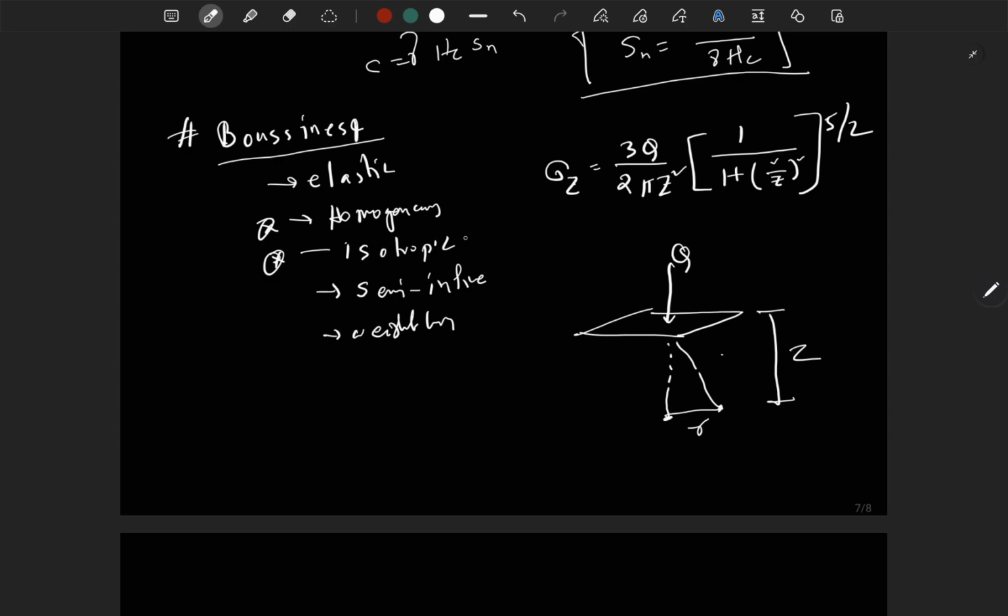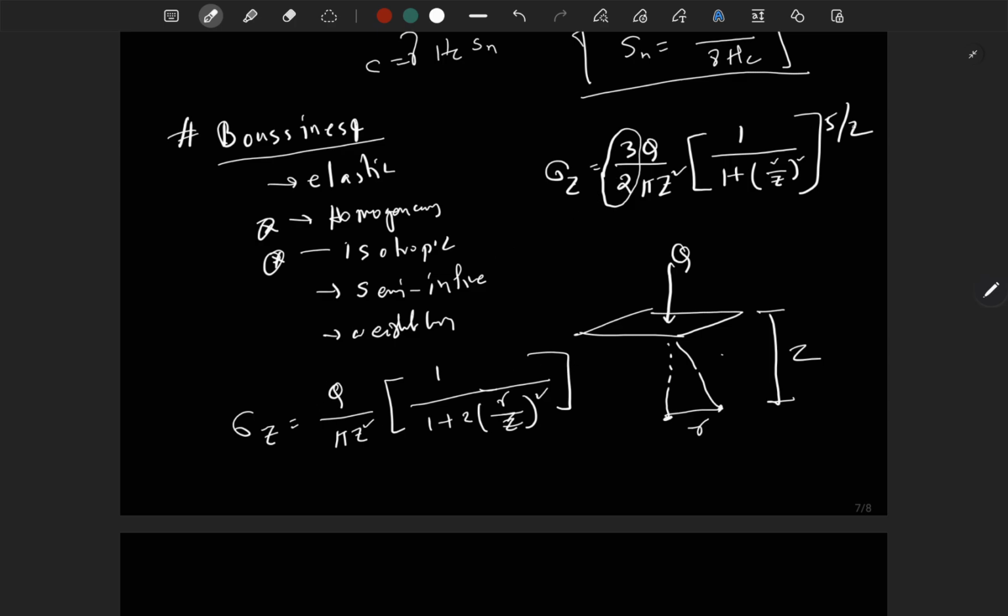And this is relevant for the isotropic case. If it is anisotropic, in that occasion the equation becomes sigma z equals q by pi z square, just this term we will shift, 1 divided by 1 plus 2 into (r by z) square, all to the power 3 by 2.